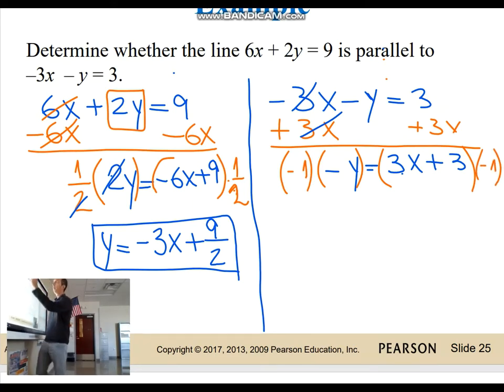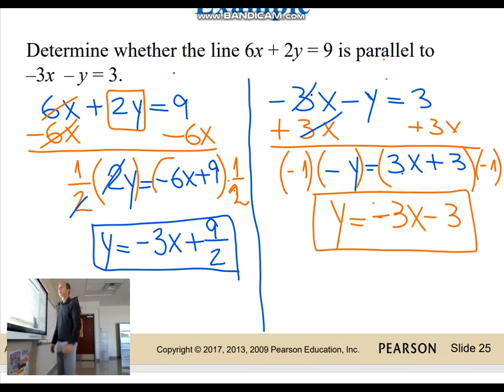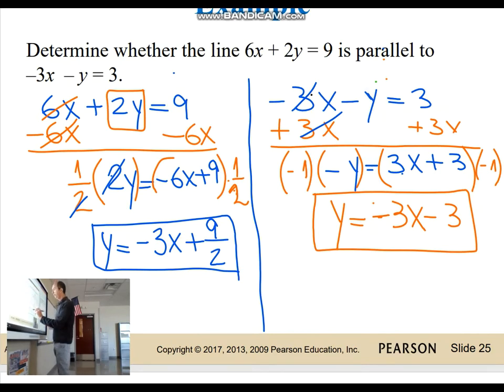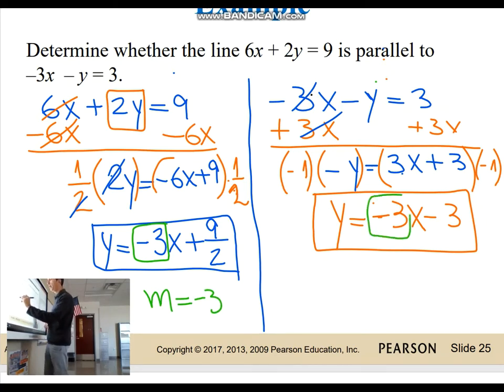Okay, multiply both sides, and then you will have y equals negative 3x minus 3. Compare the slope of each equation, and we have one of the slopes here, m equals negative 3, and the other slope is right here, m equals negative 3.